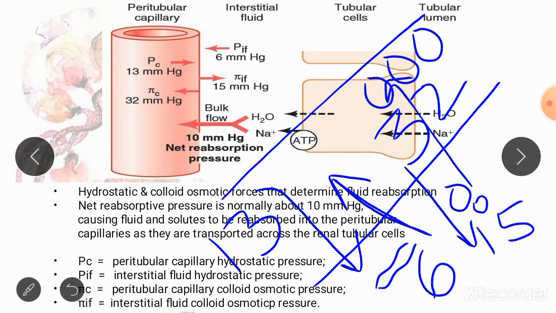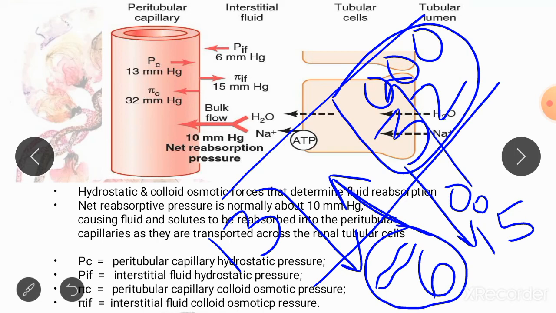Now adding all the inward and outward forces to calculate the net filtration or reabsorption pressure, you can see that there are two inward forces, which are the capillary colloid osmotic pressure and the hydrostatic pressure of the interstitium, and they amount to around 38 millimeter mercury.